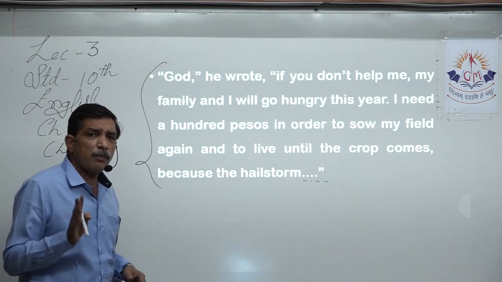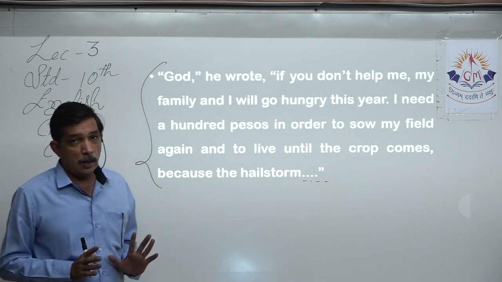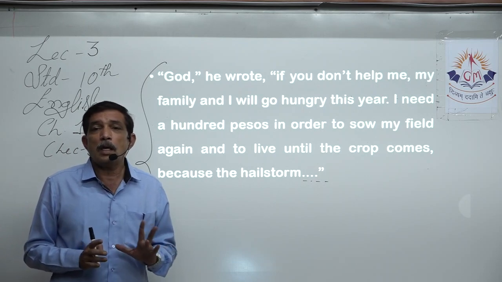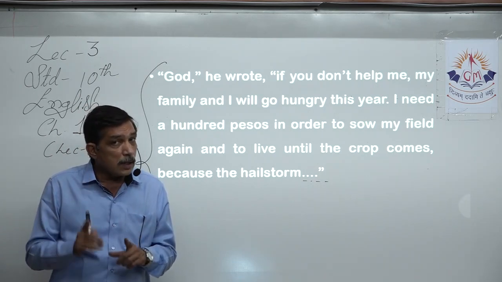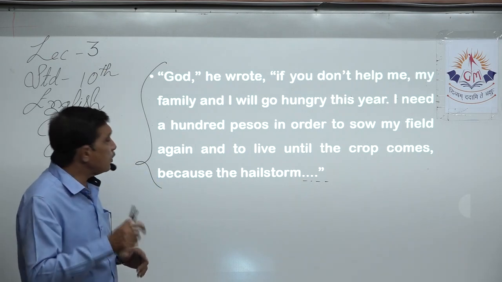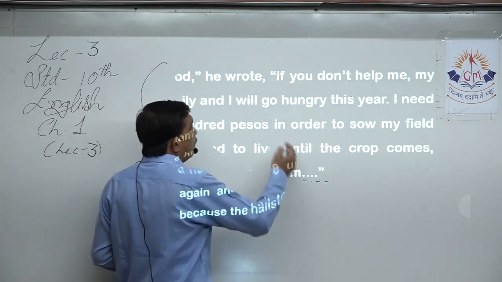So he writes in very plain English, very plain language, that if you don't help me, surely me and my family are going to go hungry. Now what did I say? Me and my family. That's a mistake usually people make.